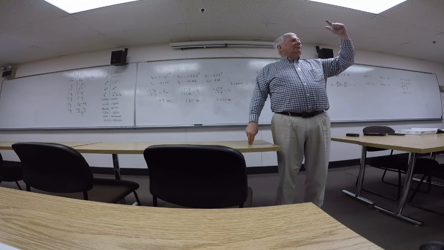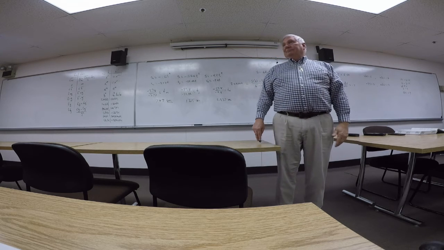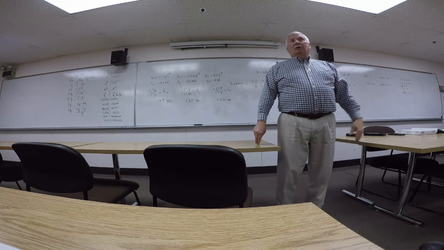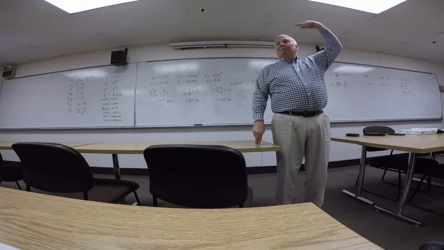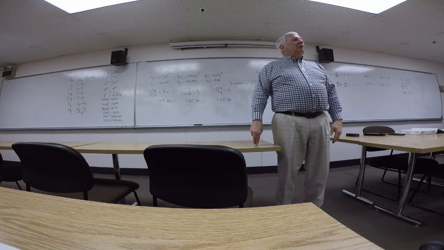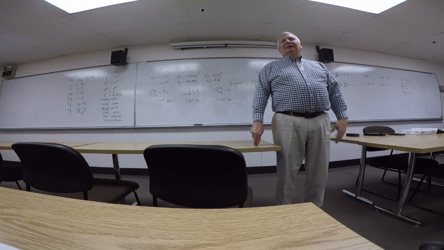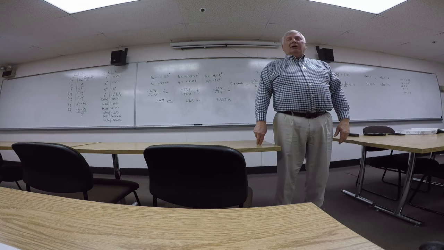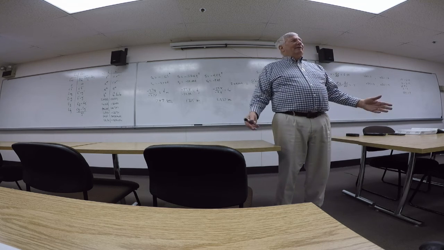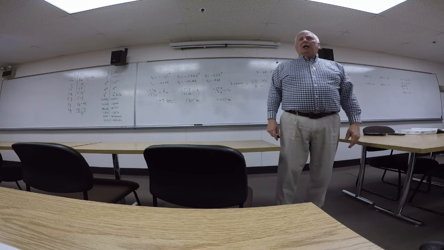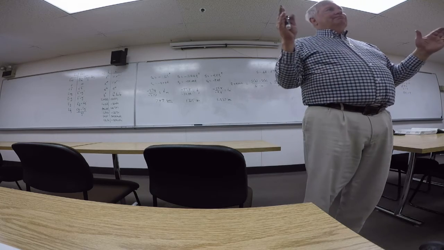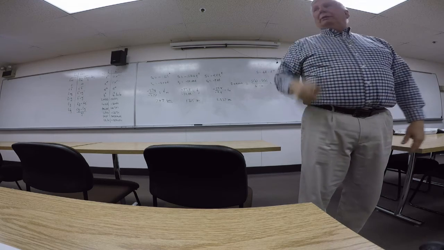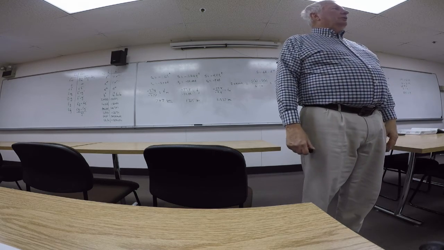If you go to the equator, you weigh less than if you're at the North Pole or South Pole. If you go on top of Mount Everest, or even Pikes Peak, you weigh a little bit less than you do at the base of the mountain. Gravity is different in different places. If you're in Colorado Springs, the second order model of the Earth is an ellipsoid, an oblate spheroid.